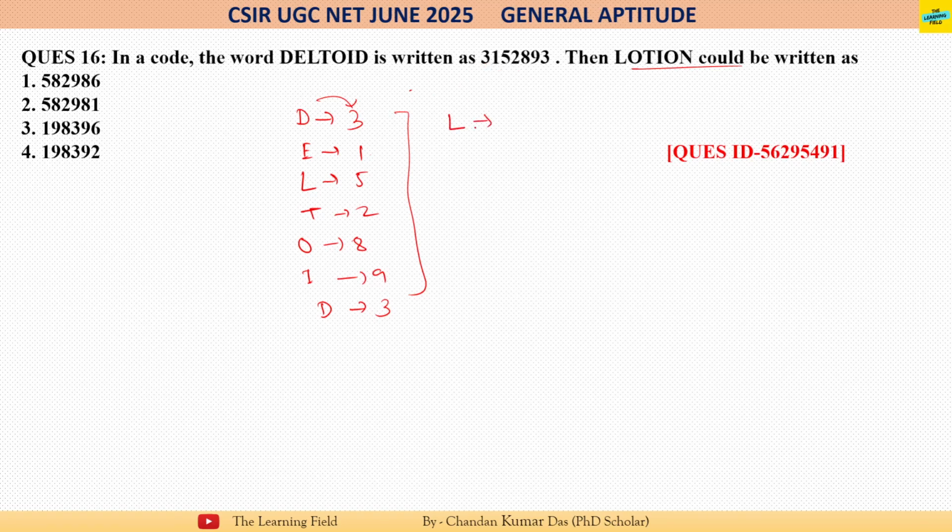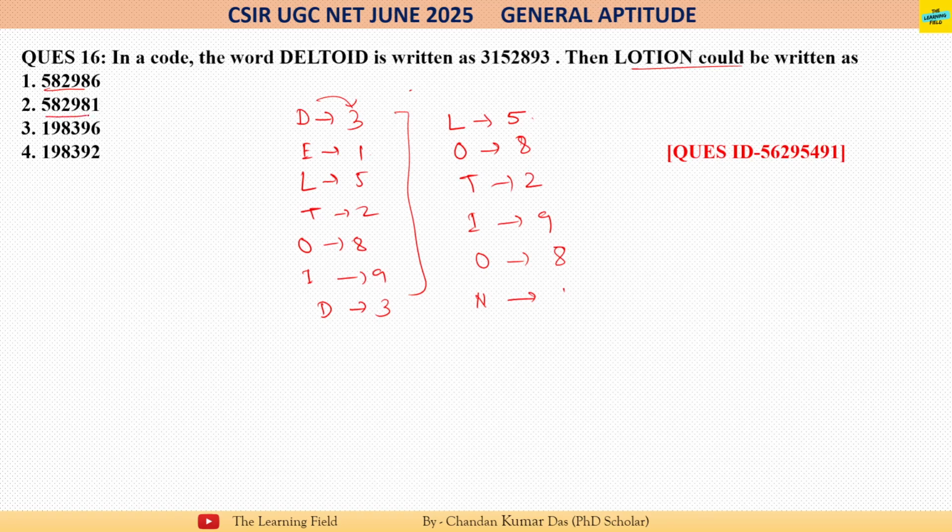L means what? L means 5. Then O means 8. Then T means 2. Then I means 9. Then again O means 8. Now, one more letter comes, which is N. N means what? Now, 58298.